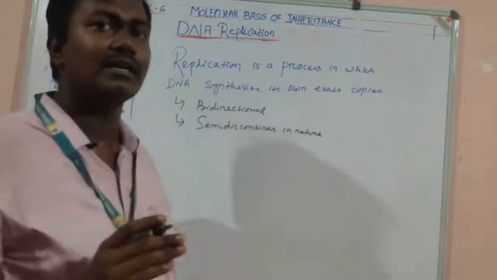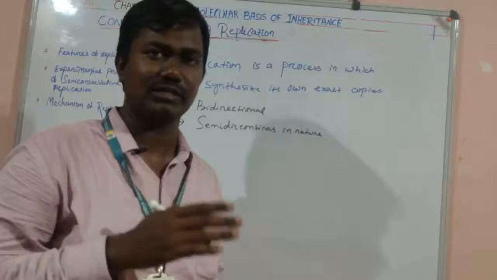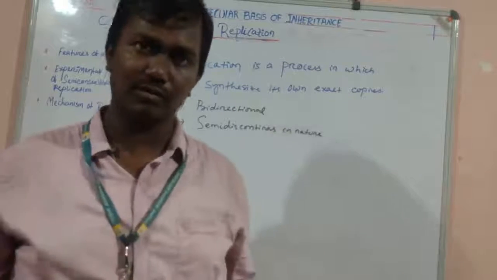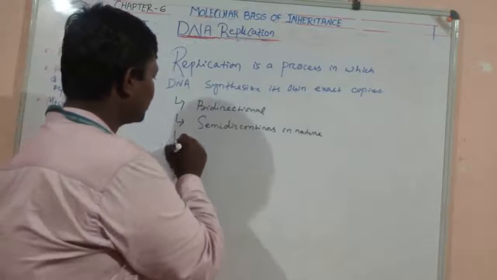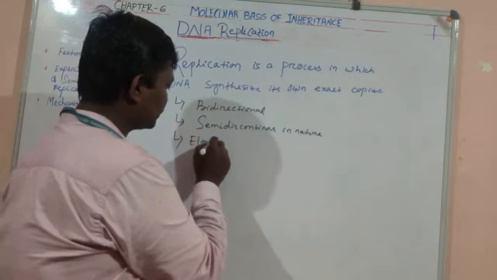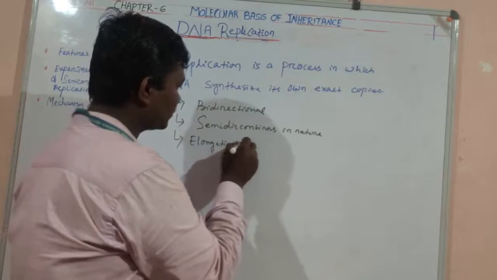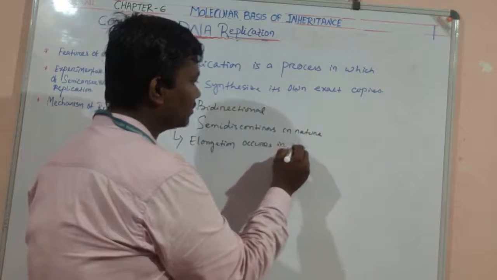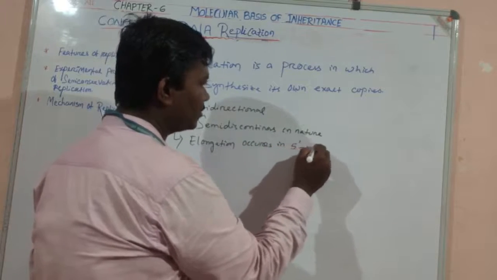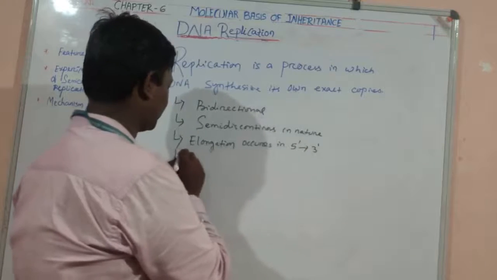One strand in replication is continuous and another one is discontinuous. Then elongation occurs in 5' to 3' direction.